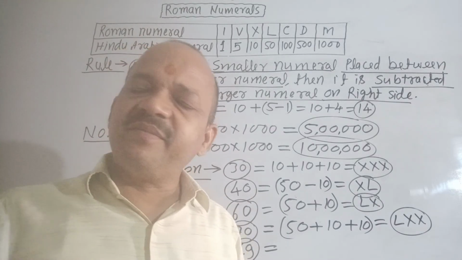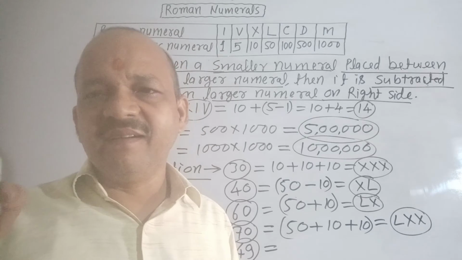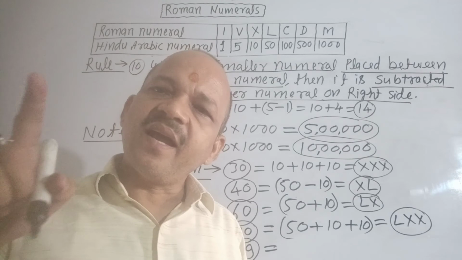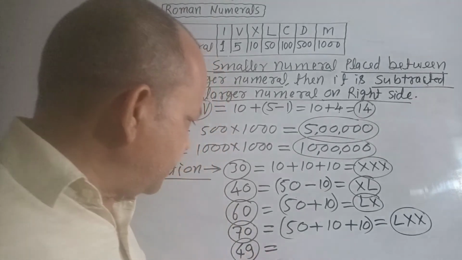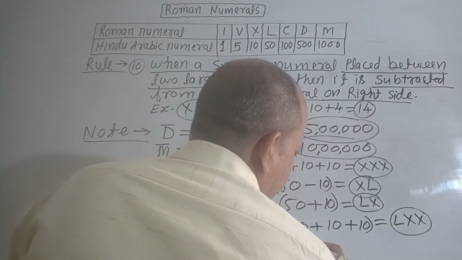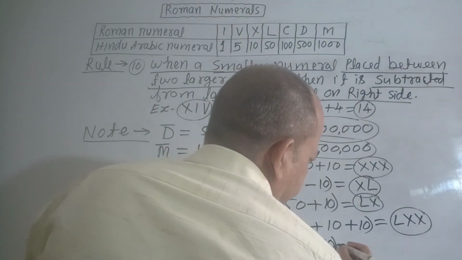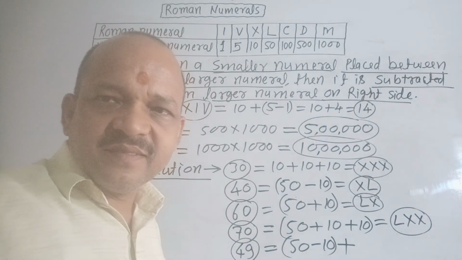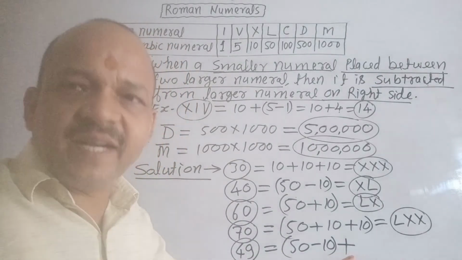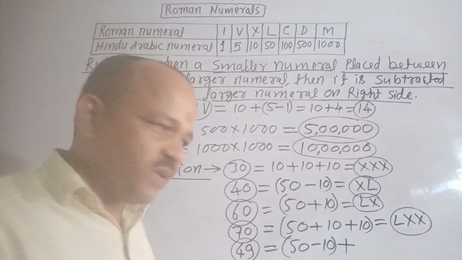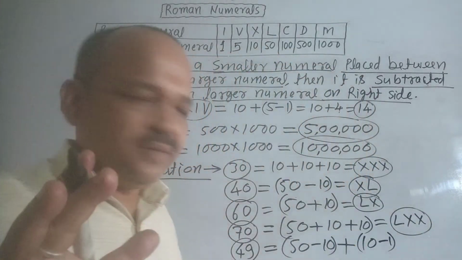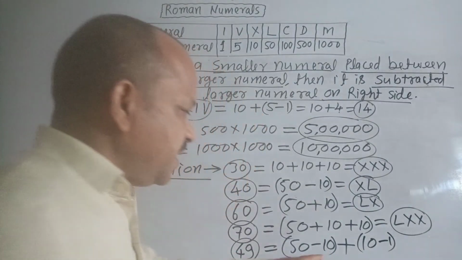I can be subtracted only from V and X. And X is subtracted from L and C. You can write it here 50 minus 10. It becomes 40. Remaining 9. You can write 9 as 10 minus 1. Clear?